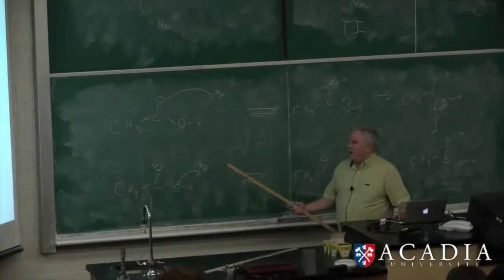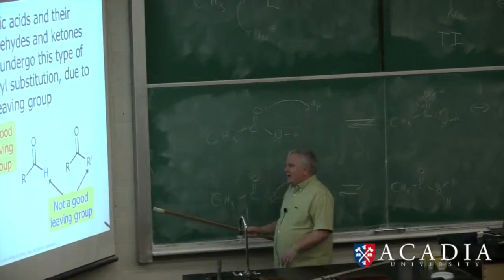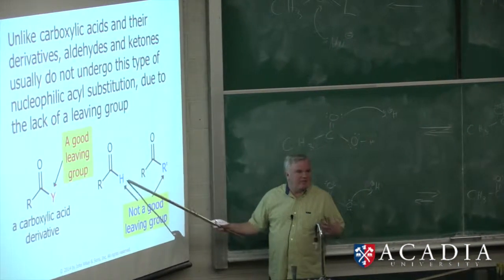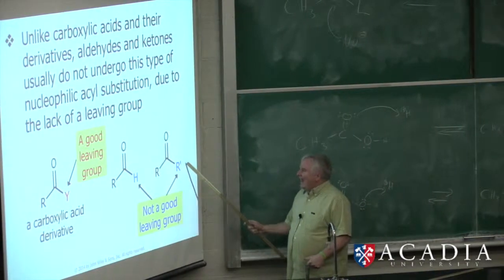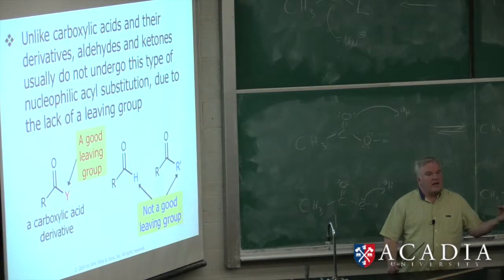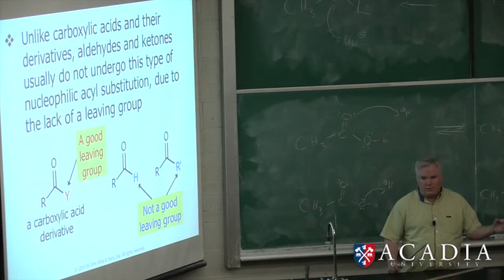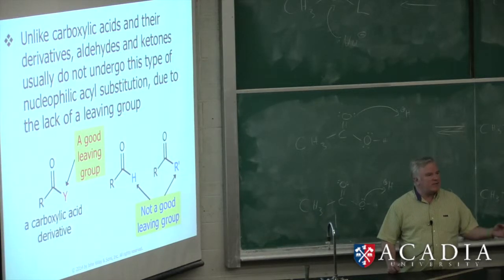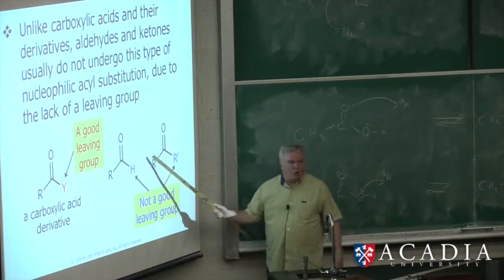So what about aldehydes and ketones? These things have to leave with a negative charge. We already know that hydride and alkyl groups, those things with negative charge on carbon or a negatively charged hydrogen, are very strong bases. They're horrible leaving groups. They're fantastic nucleophiles. Okay? So these things just don't leave.